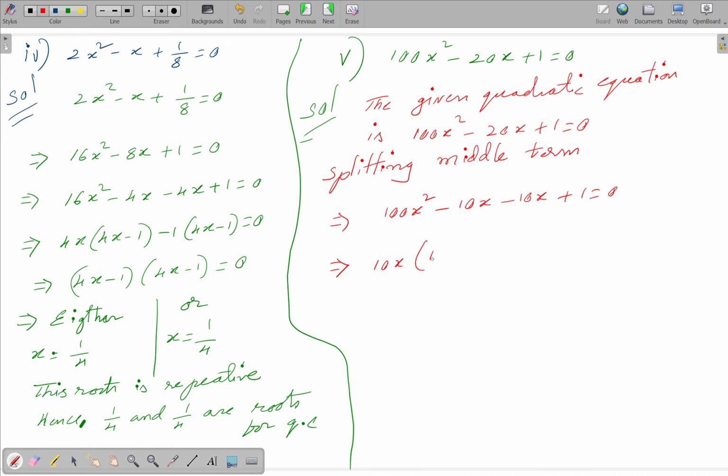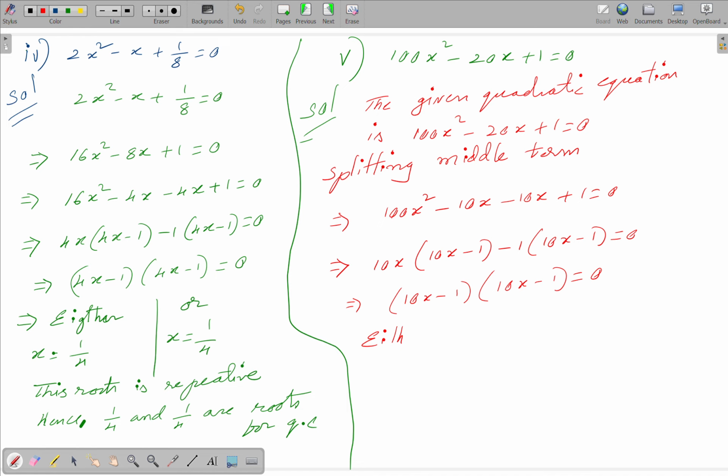Then further simplification, 10x you take common, this is 10x minus 1, then minus 1 you take common, 10x minus 1 is equal to 0, that is 10x minus 1 into 10x minus 1 is equal to 0.